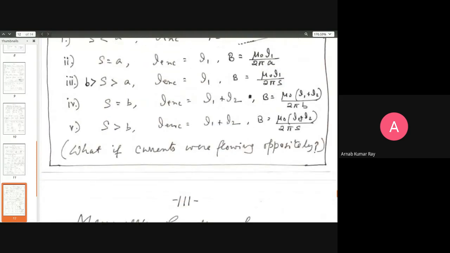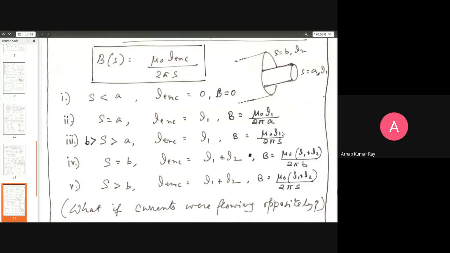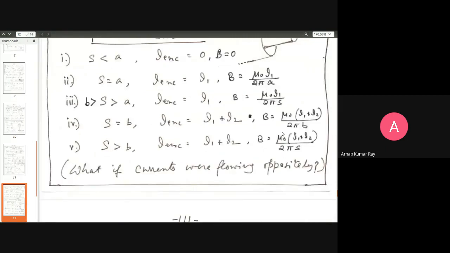It will be I1 minus I1 or whatever you want to call it. And so magnetic field will be 0. So outside, if you draw an Amperian loop enclosing two tubes carrying oppositely directed currents, then what you will have is a zero magnetic field.